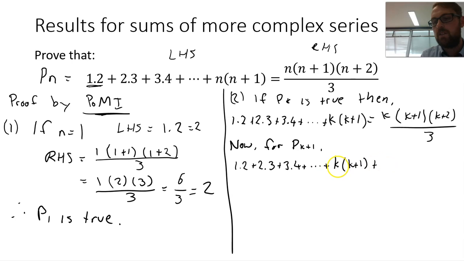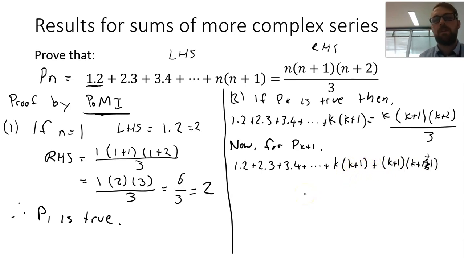So this first part changes to k plus 1, times another 1 added. Maybe that's not very clear, so I've changed this second k plus 1 into a k plus 1 plus 1.